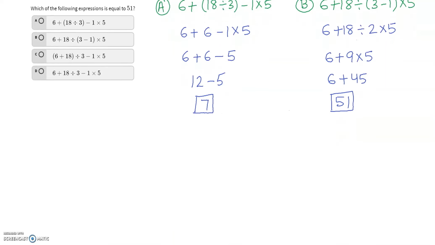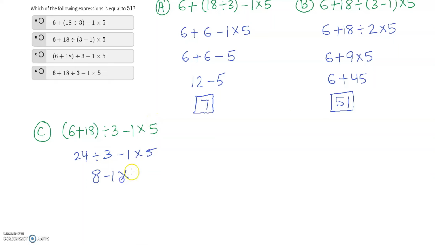So let's just see. Option C is 6 plus 18 divided by 3 minus 1 times 5. So again, we will solve the brackets first. 6 plus 18 will give me 24. Everything else is the same. Then I will do the dividing. 24 divided by 3 will give me 8.